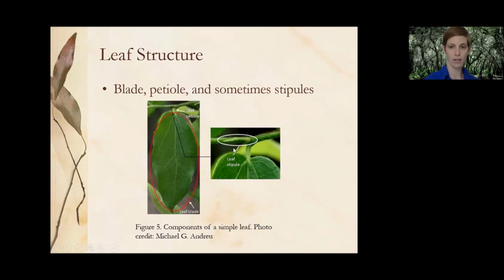And then there's also a little structure, sometimes more obvious than others. Some don't even have a stipule, but this is a little vegetative structure that can be found either right at the base of where the petiole meets the twig, or it can be attached to the petiole itself. That can be a helpful identifying characteristic for some tree species.